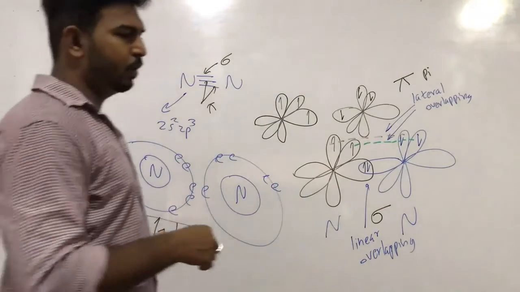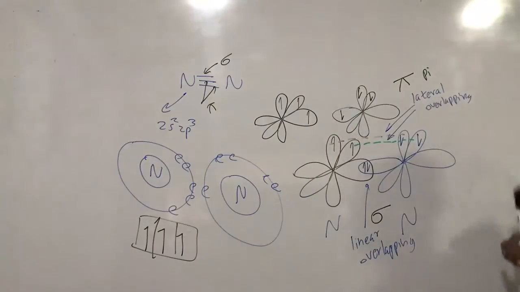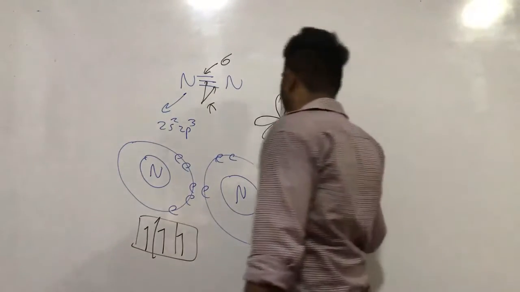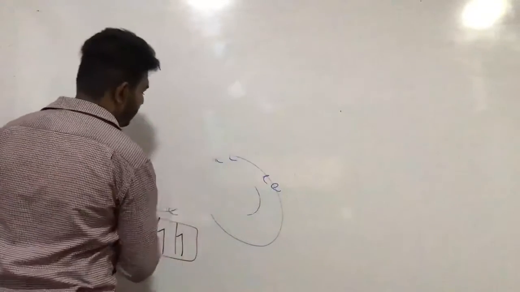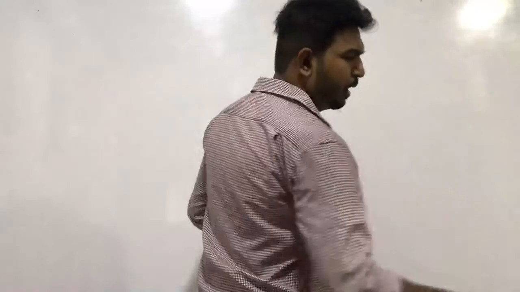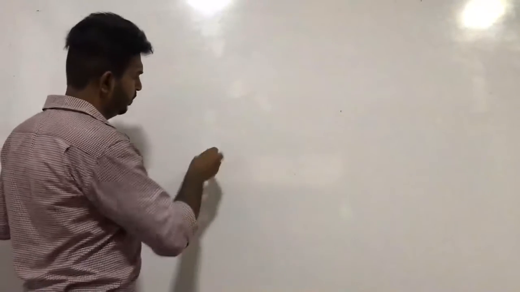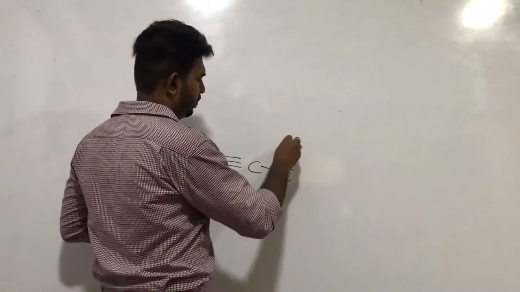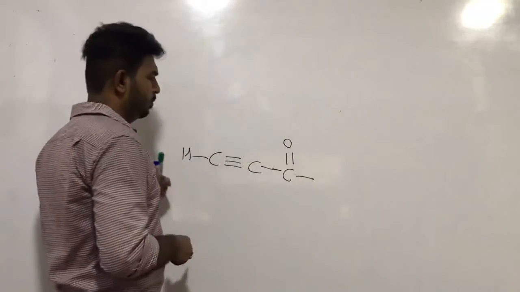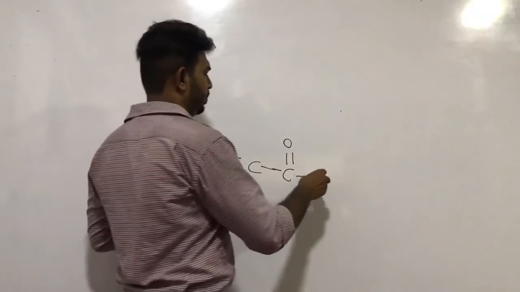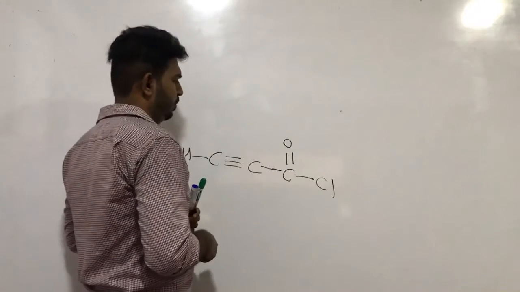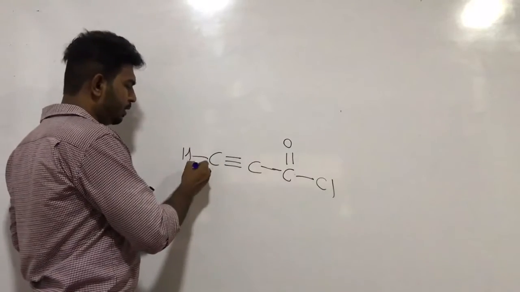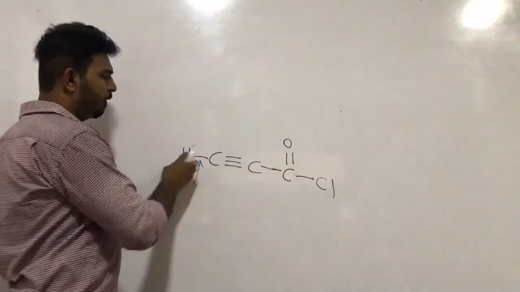So let's consider this molecule. There is only one bond. So what is this overlapping?